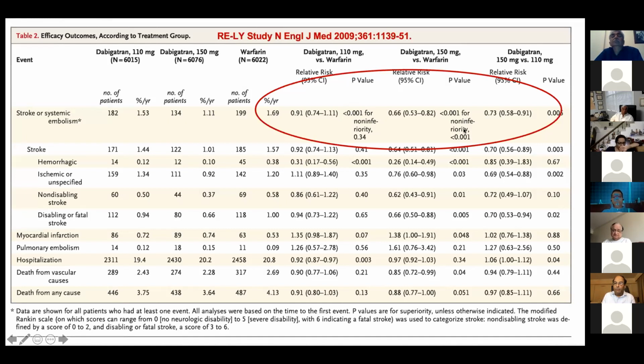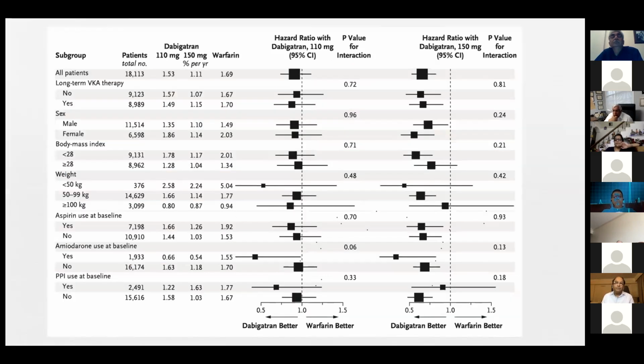The 150 milligram showed superiority in every which way. So it showed a very good p-value for superiority. And of course, it will show for non-inferiority also. But the 110 milligram dose did not show a good p-value with the superiority analysis. It was significant only with the non-inferiority analysis. And that is the data.